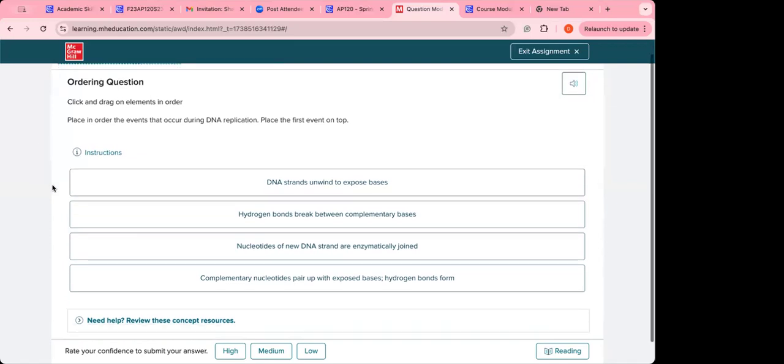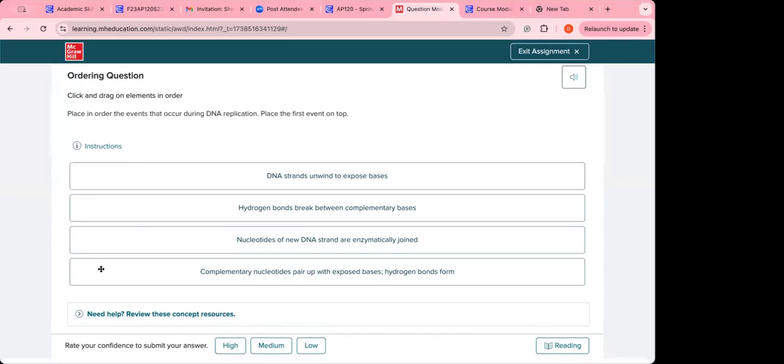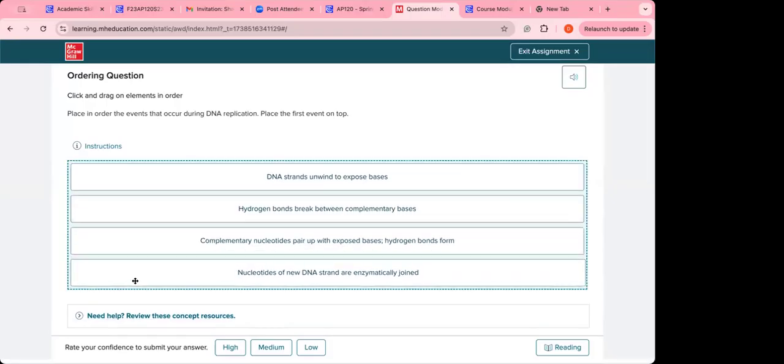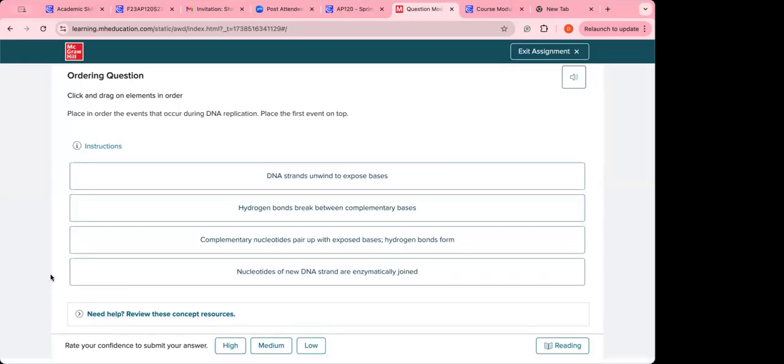I would say the third one would be the last one on the list. So flip the bottom two. The DNA strands, hydrogen bonds break because they have to, and then the complementary nucleotides.